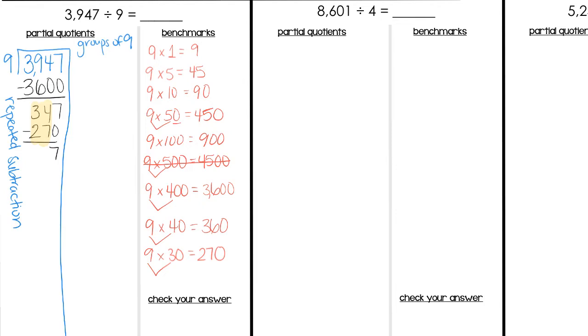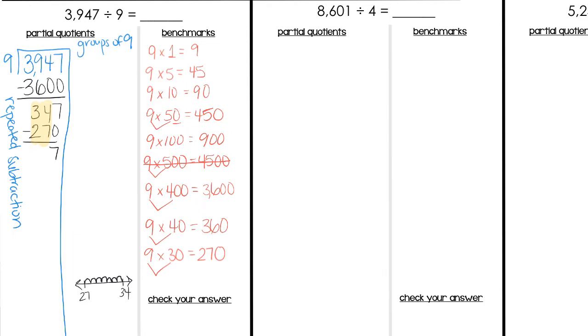Well, if I had a number line that went from 27 to 34, I would say how many spaces are between 27 and 34? Let me count. 28, 29, 30, 31, 32, 33, 34.